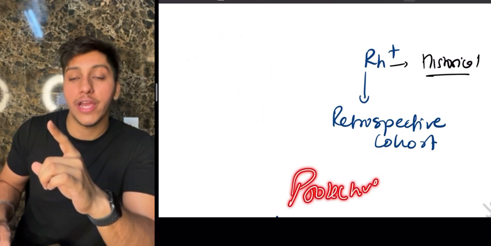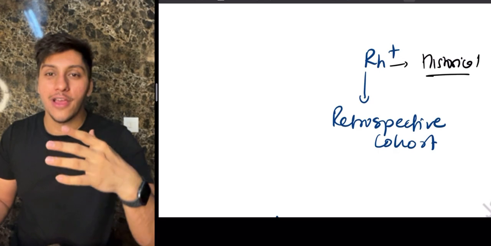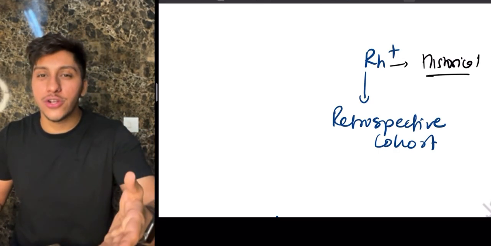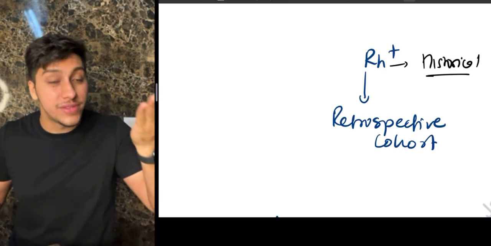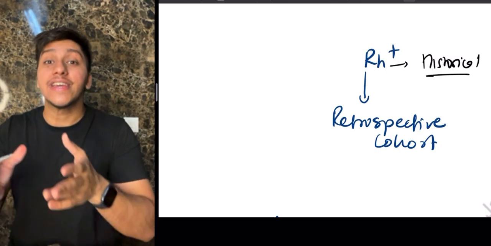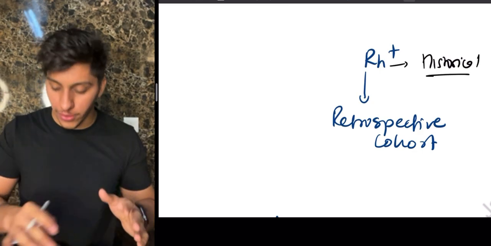A negative value or protective association means that the risk factor you were saying is causing this disease is actually protecting you from this disease. It is preventing the disease. That is why the value is less than 1.